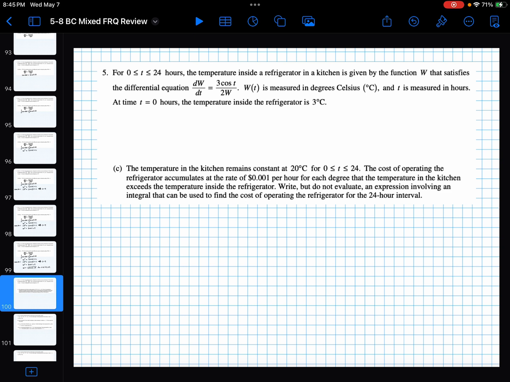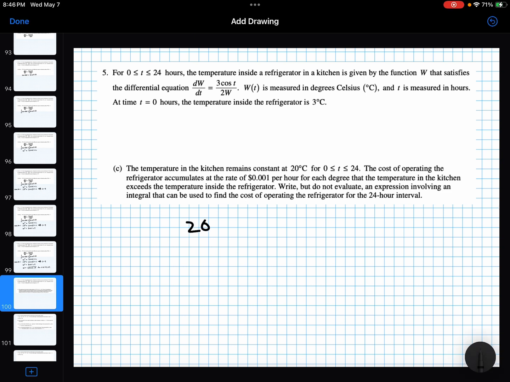So you want to figure out how many degrees the temperature in the kitchen exceeds the temperature inside the refrigerator here. I'm going to write a little formula for that. So I'm going to do the 20 minus W of T. And I'm integrating that from 0 to 24. And that's going to be dt.